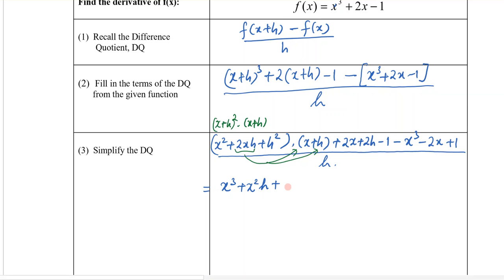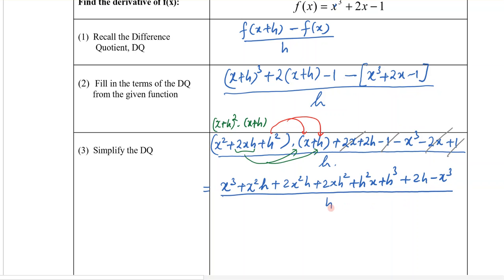So we have 2x squared h plus 2xh squared, and similarly the last one is h squared times x and h cubed. h squared x plus h cubed, and here we see that 2x and 2x cancel, 1 and 1 cancel, and we are left with plus 2h minus x cubed over h.